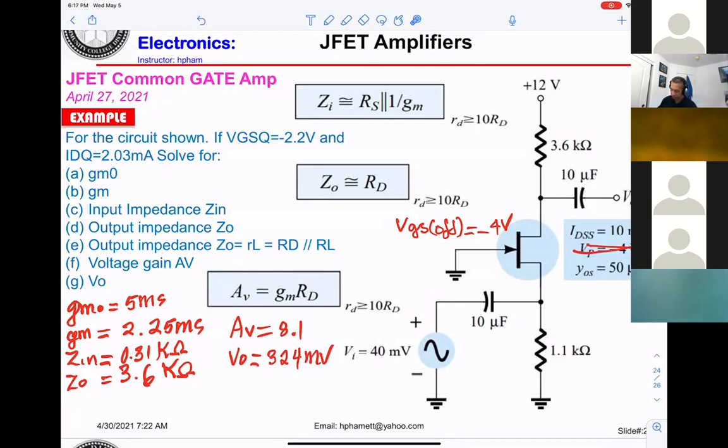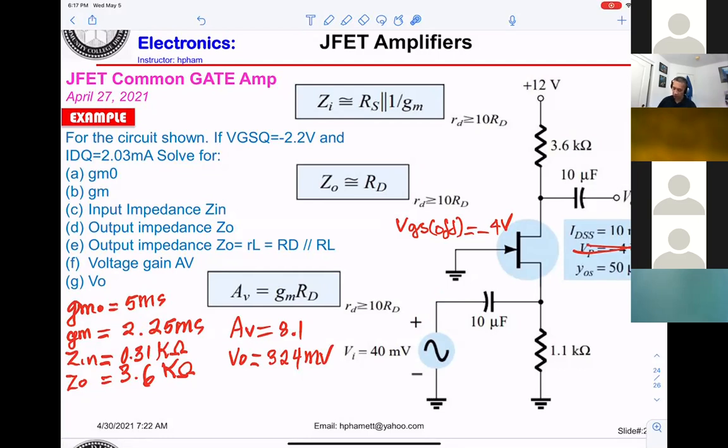I said if I want you to measure the voltage here, which test equipment should you be using? Oscilloscope. Yeah, oscilloscope. Not the right answer. Multimeter? Multivoltmeter.